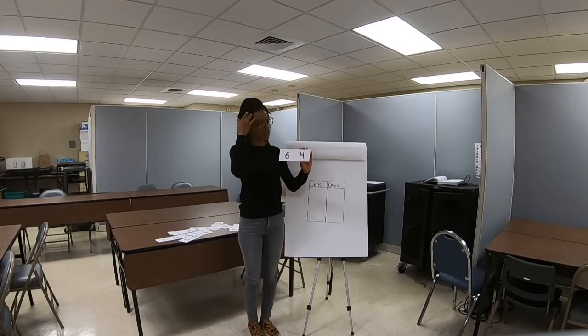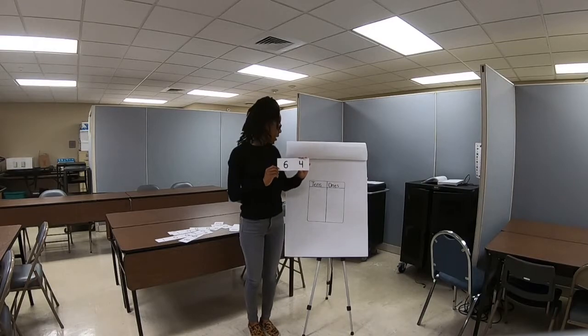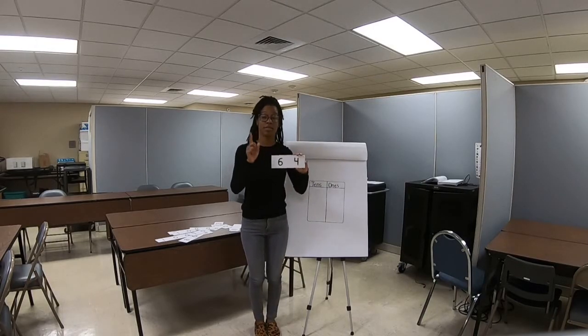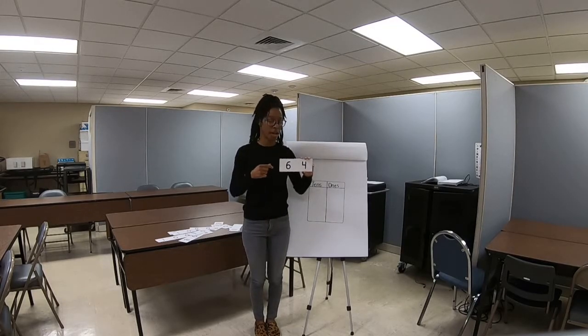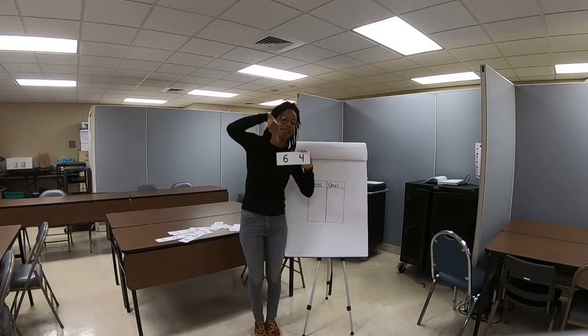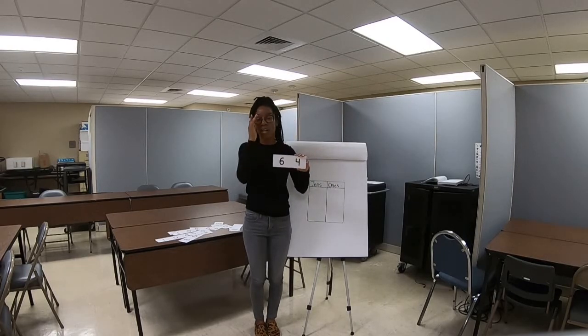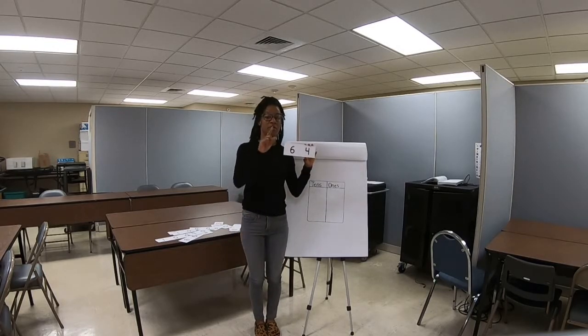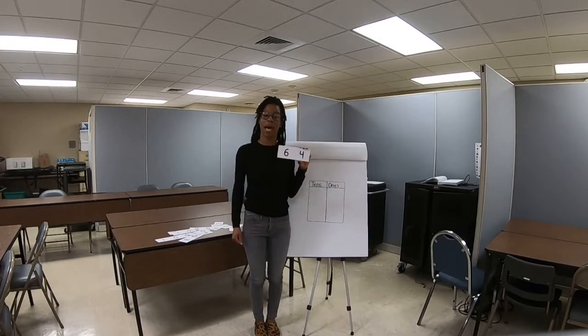Now, we're going to do 64. Now, with my hide 0 cards, there is a 0 hiding, which means that's going to be with our 10, our number in the 10 spot. Okay, which number is in the 10 spot? If you said 6, give yourself a pat on the back.